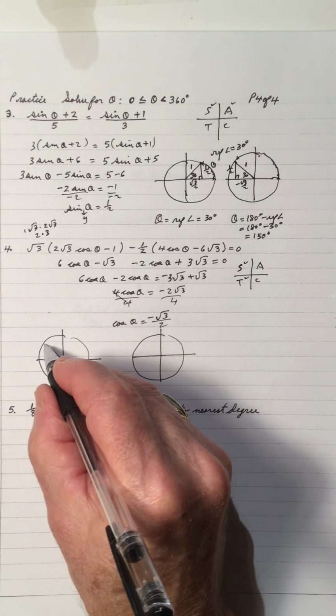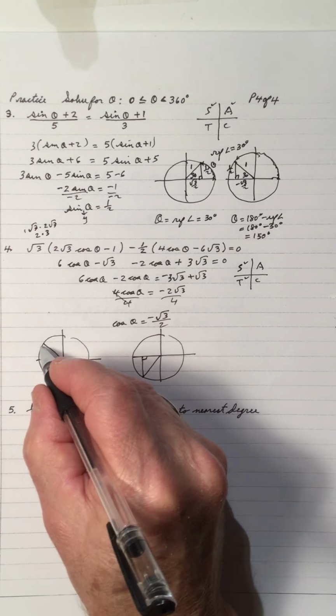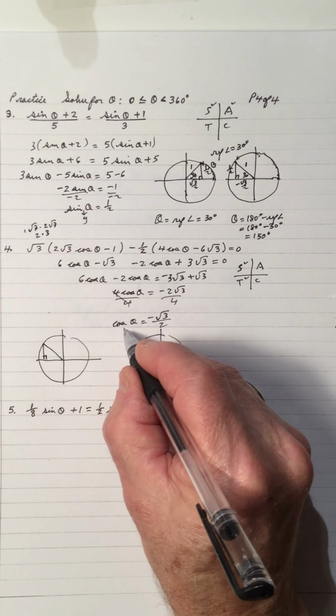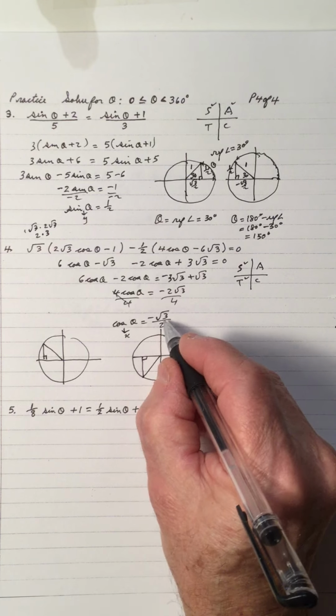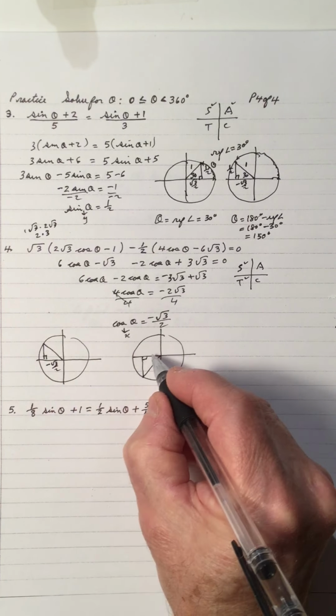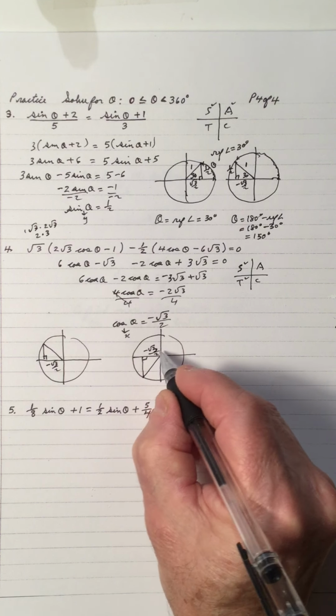Quadrant 2, terminal arm. Quadrant 3, terminal arm perpendicular to the x-axis. And cos is the x, so negative root 3 over 2 is going for the x in the triangle.